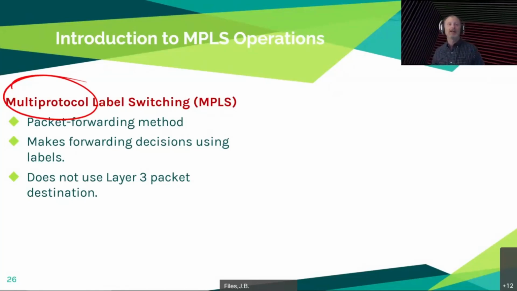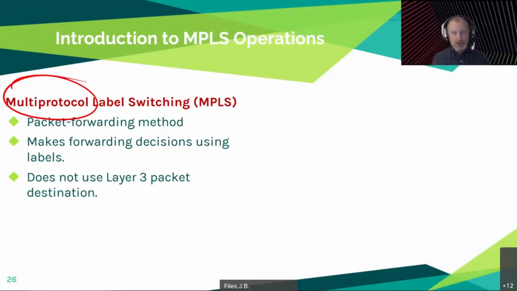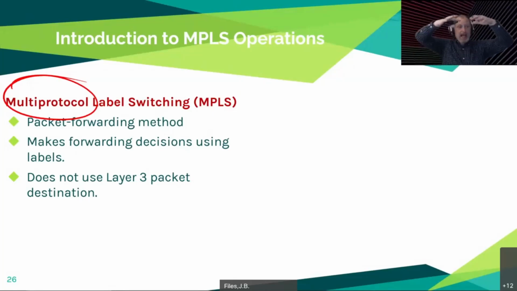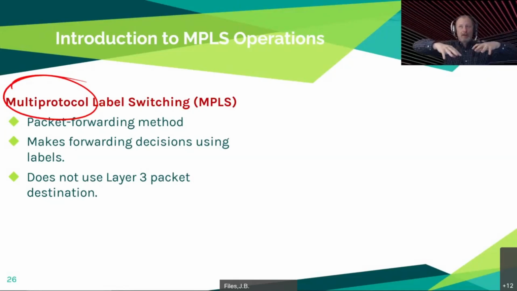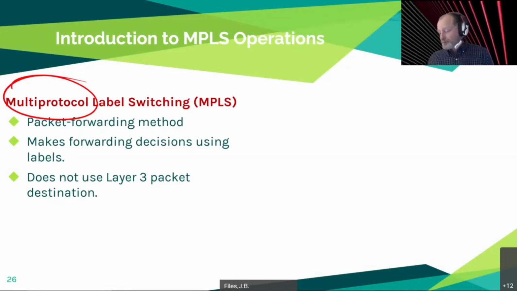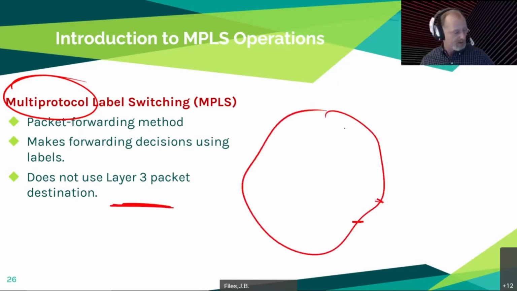It is using labels instead. And the reason why this is so useful for a service provider is it can have an MPLS network, and it can, like if you have a, so you got a service provider.